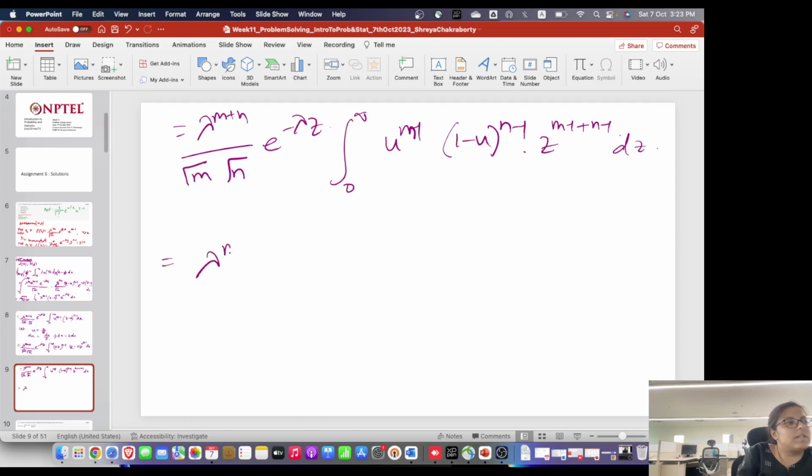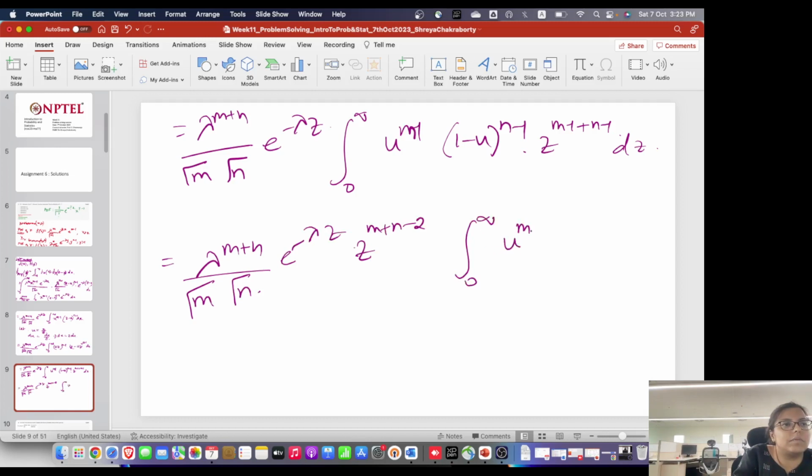So this will be lambda to the power m plus n by gamma m gamma n, e to the power minus lambda z, z to the power m plus n minus 2, the integral from 0 to infinity of u to the power m minus 1, (1 minus u) to the power n minus 1, du.